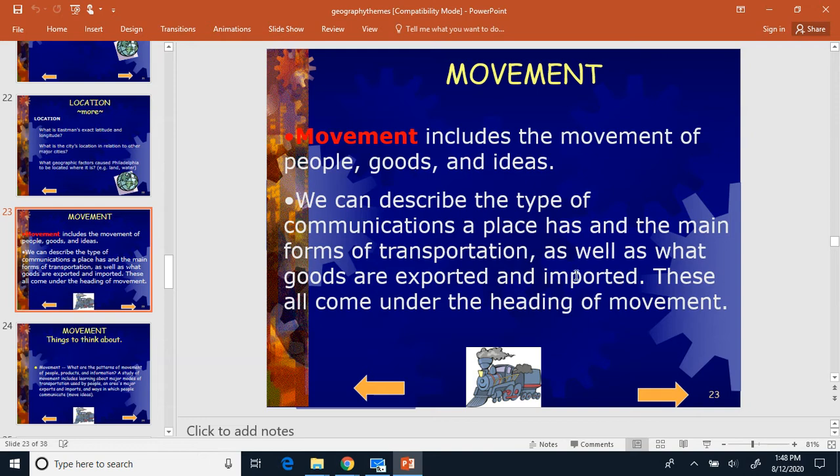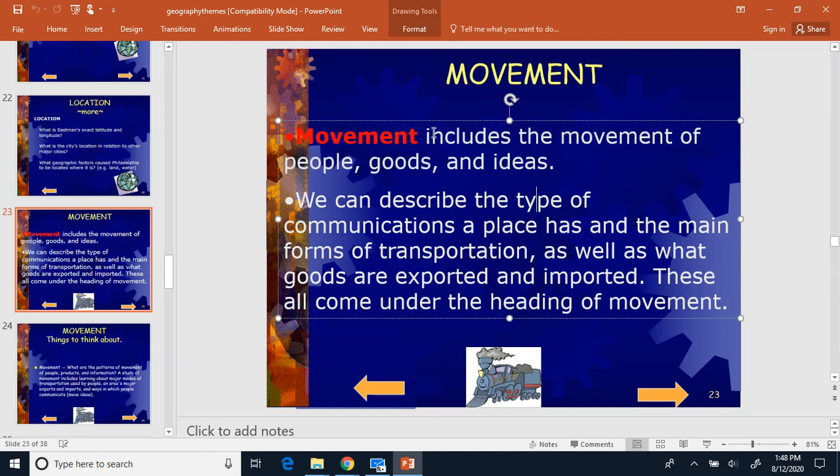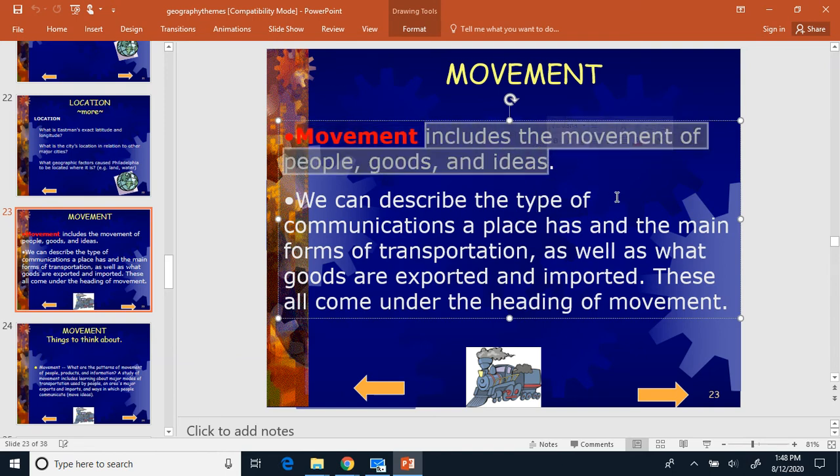Go ahead and make a 1, and we're going to write down: includes the movement of people, goods, and ideas. So number 1 includes the movement of people, goods, and ideas.